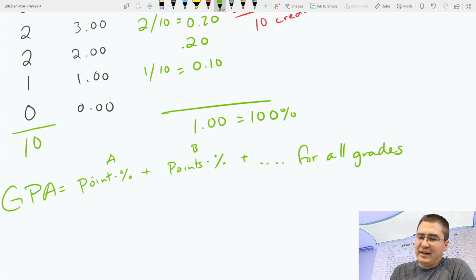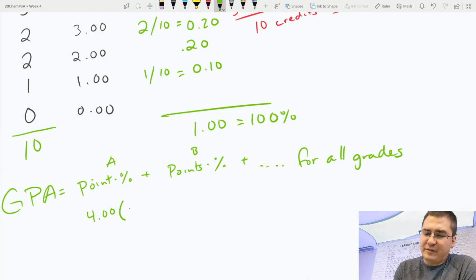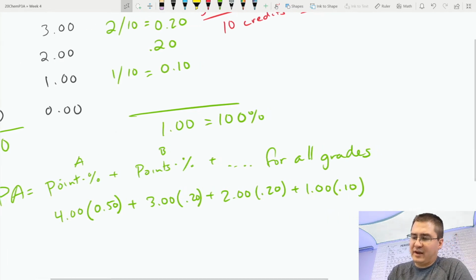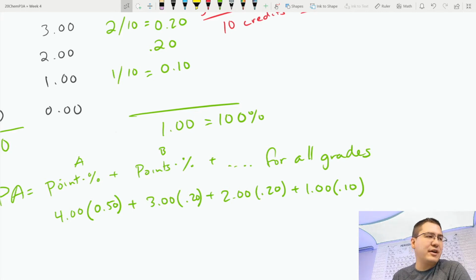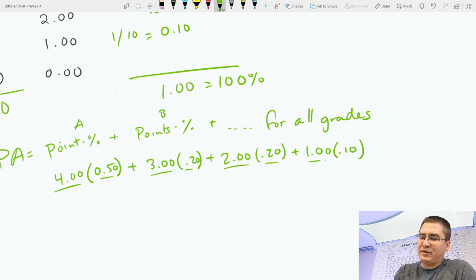So for A, it was 4.0 times 0.5, plus 3.0 times 0.2, plus 2.0 times 0.2, plus 1.0 times 0.1. We don't need to include the 0, since we've already accounted for all 100%. The F's don't count in this case because there were none of them. So basically it's a point times a percent, point times a percent, and so on.